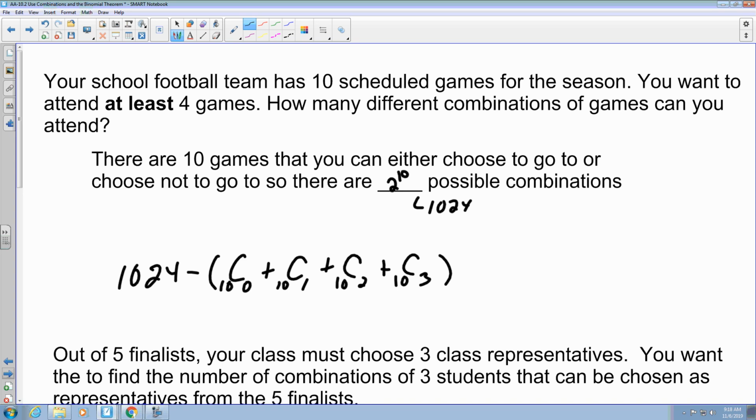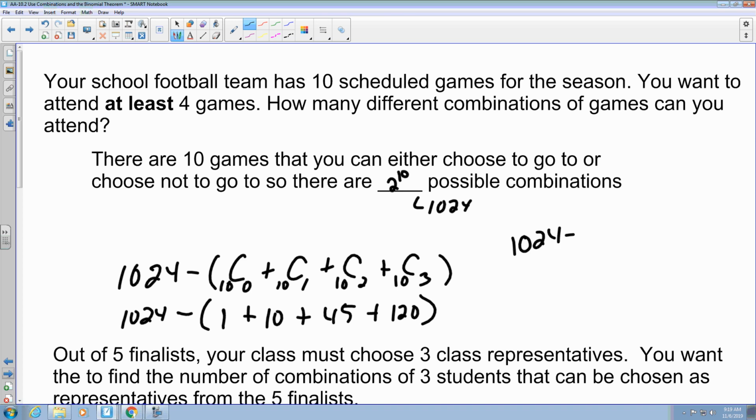So we have 1024 minus, this turns to 1 plus 10 plus 45 plus 120. That gets you 176. So it's essentially 1024 minus 176, and the result is 848 possible outcomes.